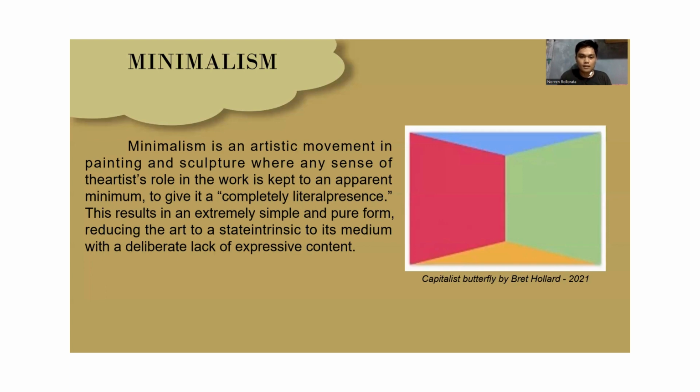Capitalist Butterfly is a perfect example of minimalism because it has a minimal design and there is no logic applied. What you see is what you see. Capitalist Butterfly also consists of shapes of squares and rectangles, and it has a minimal color of blue, red, green, and orange.